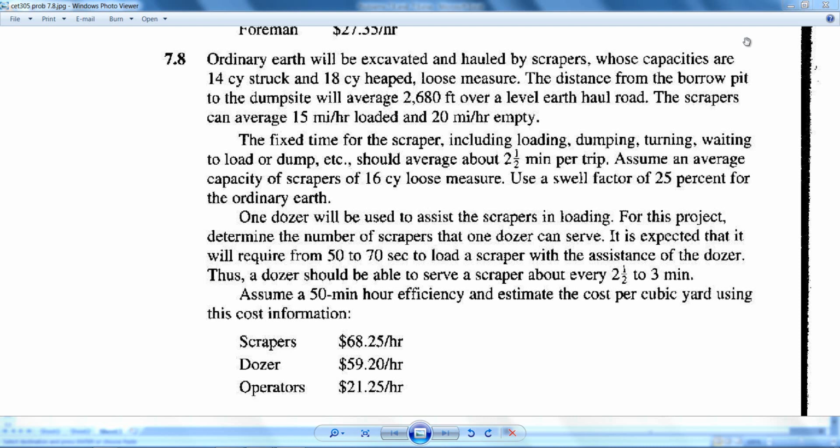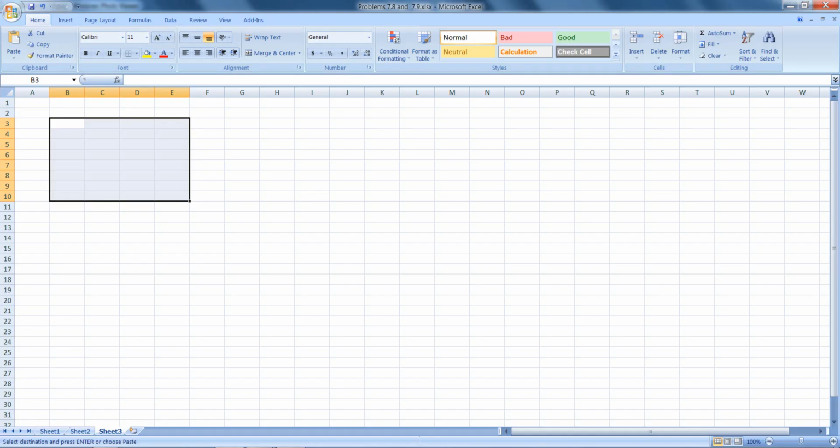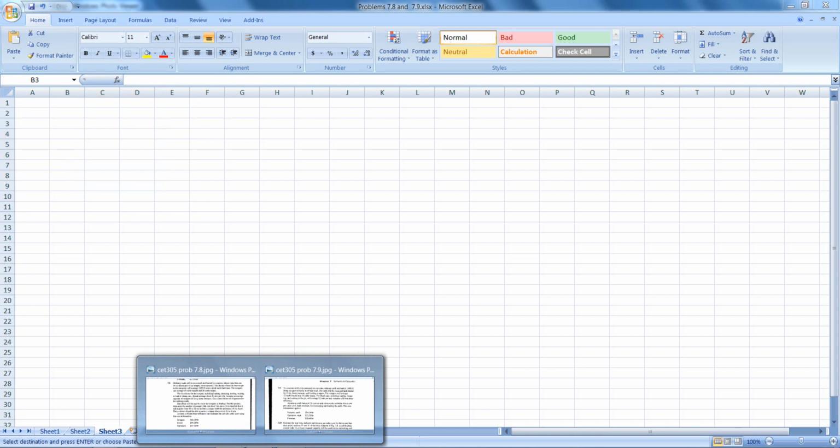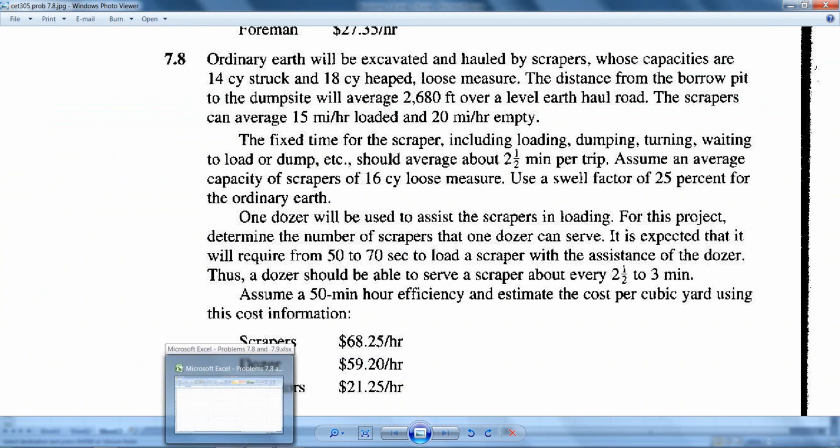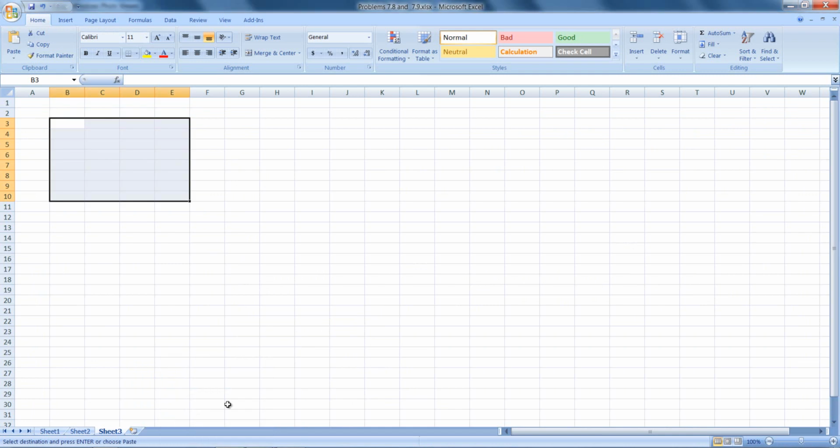So basically what we're going to be doing, as always, the first thing we do is go in and take all of these variables that we had in the problem, and we want to enter them into the spreadsheet just so we have all of the variables there, and then we can figure our calculations that we want to set up. So the things we'll probably figure out are cycle time of the scrapers, the production rate of the scraper, the number of scrapers served by one dozer is one of the things they're asking about, and then we also want to know the hourly cost of the earthwork operations.